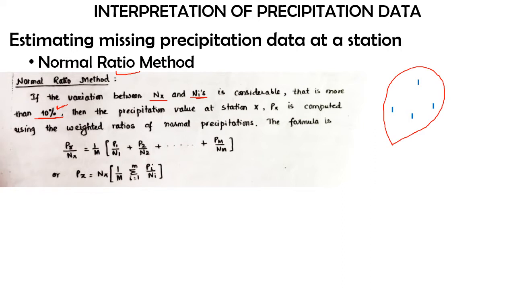So let us call this 1, this is 2, this is the third one. And imagine this one is station X whose particular value we don't know. Or else this particular station X is not working for a specific year. So we have 4 rain gauge stations in a particular catchment area, fine.